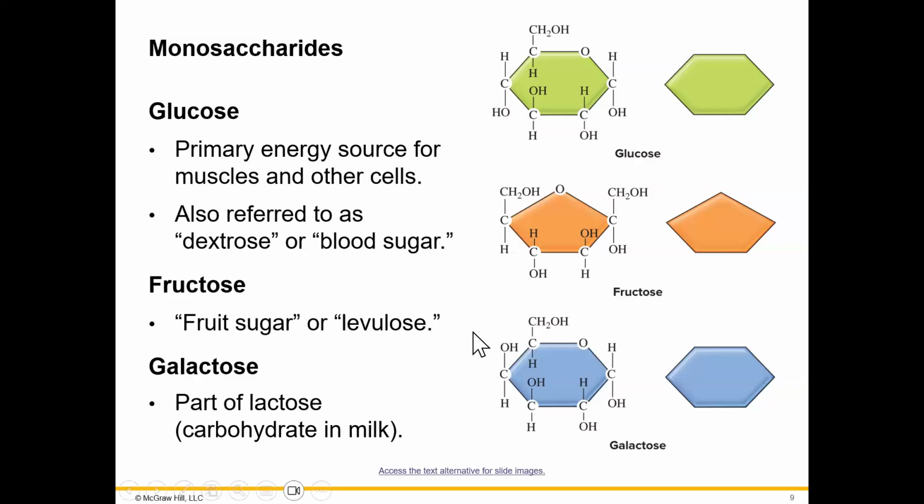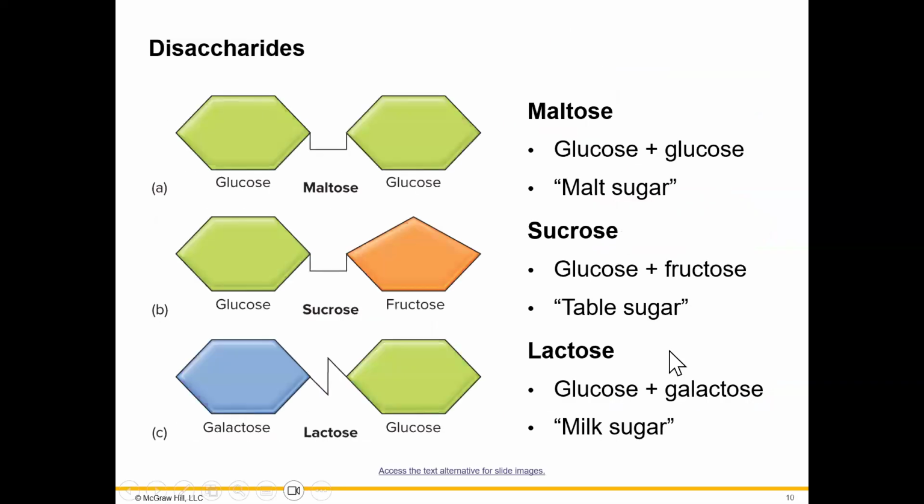When you take two monosaccharides and join them together, you have what's known as a disaccharide, with di meaning two. So you have two glucose molecules put together. That gives you maltose, or malt sugar.